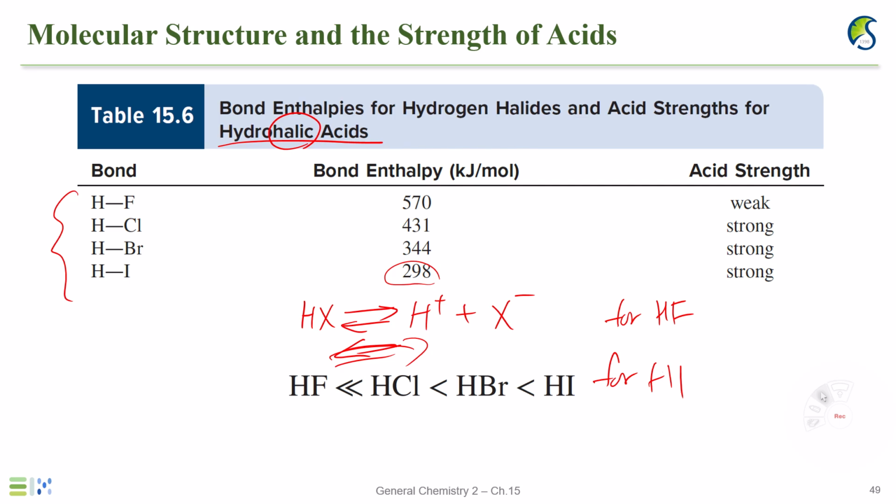So that's why HF is a weak acid, but the other acids, HCl, HBr, HI, are all strong acids.